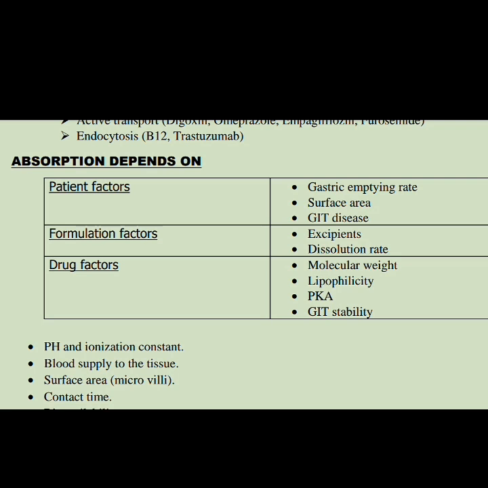The pKa determines at what pH the drug will most preferably absorb. So for example, if the pKa of that particular drug is close to the pH of that environment, absorption is maximal, it's better.